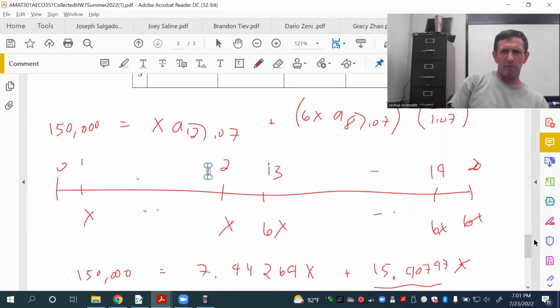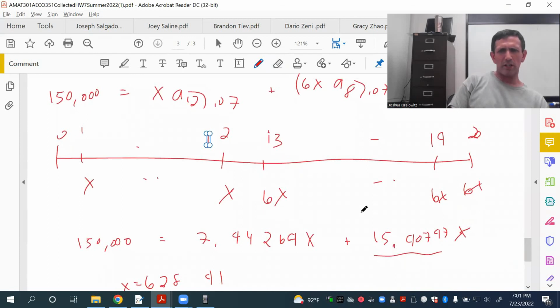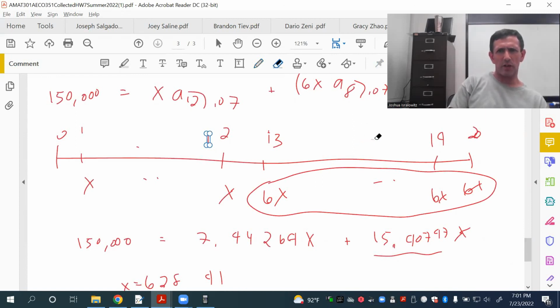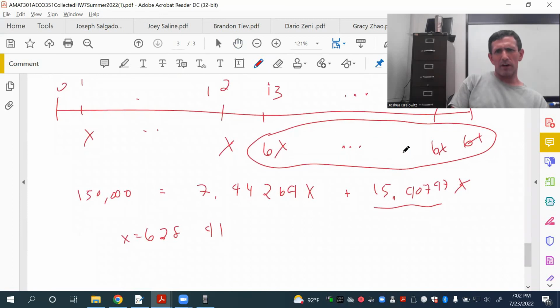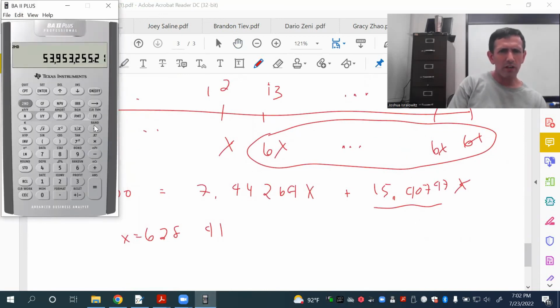Yeah, so when you have a situation like this where you want the present value of these payments that I'm circling, and you have a constant interest rate throughout your entire loan, and implicitly here I have constant payments of 6X, maybe not constant prior, but when you have this situation of a constant interest rate throughout the entire loan, you can get the present value of these payments by doing, now let's check it.